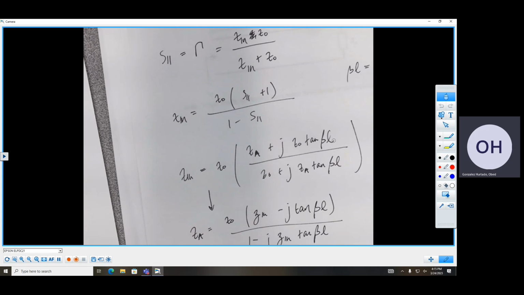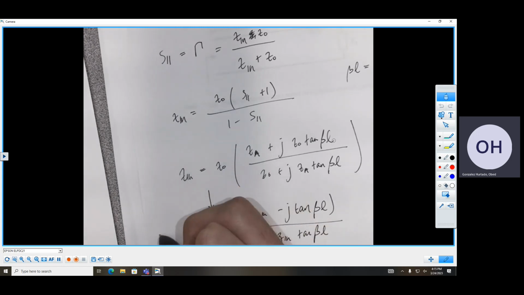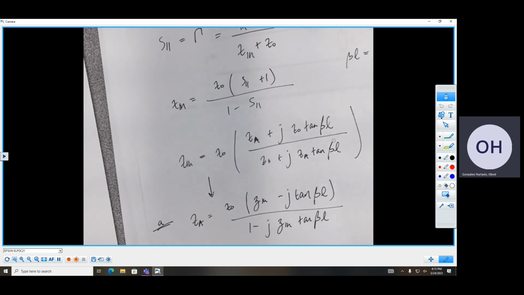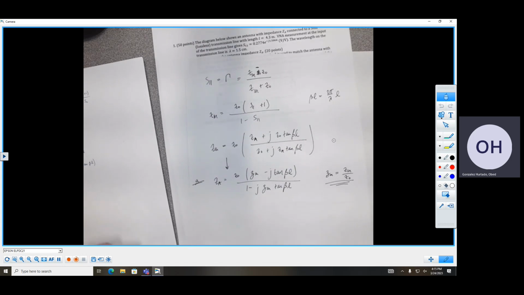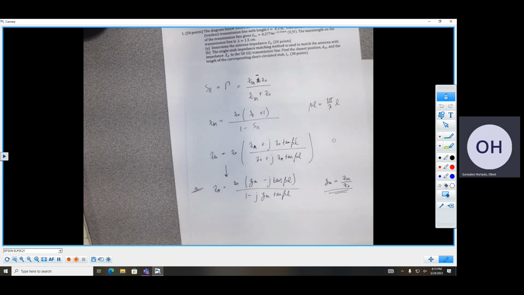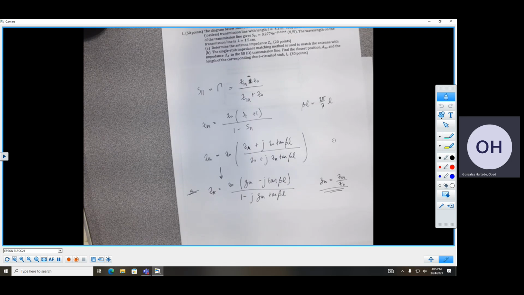So there's part A. That was part A. From here, we get to single stub matching, the important part.